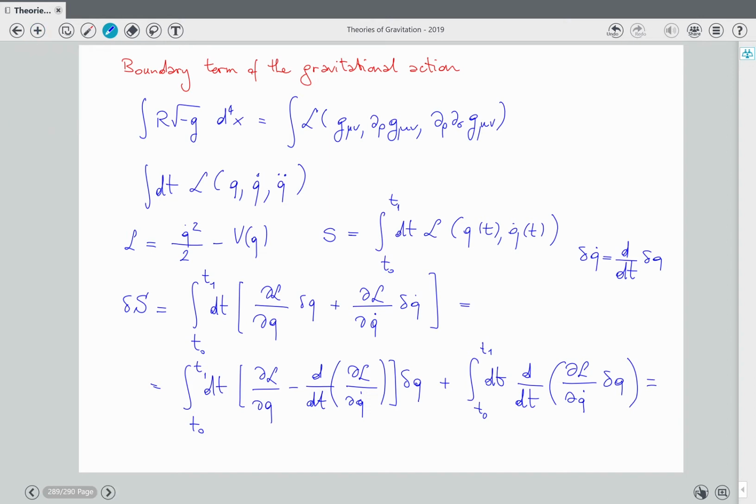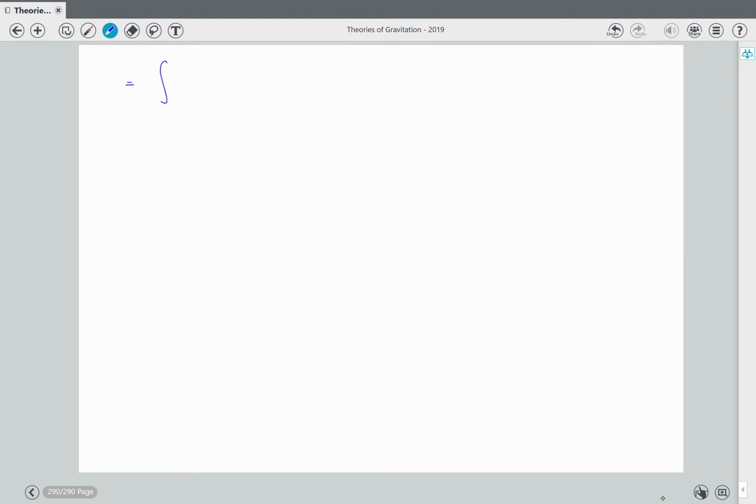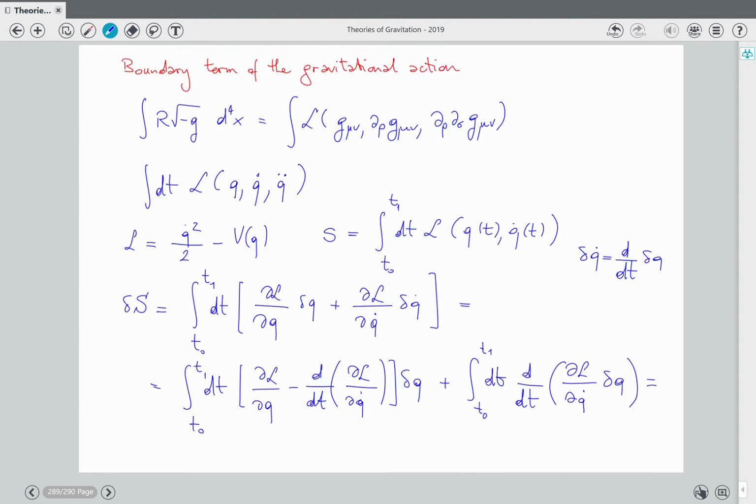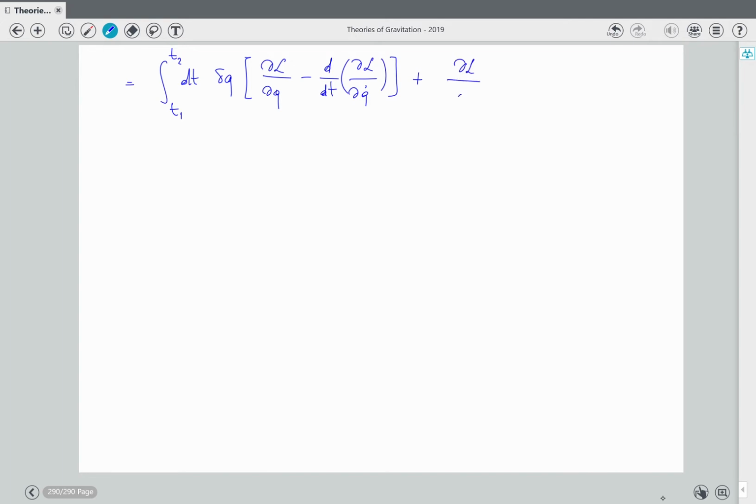So with that we can compute the variation: the integral from t0 to t1 dt delta Q times the usual Euler-Lagrange equations, plus this partial L partial Q dot delta Q evaluated at t1 and t0.